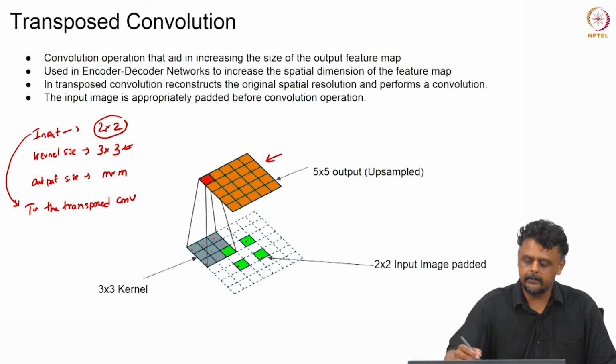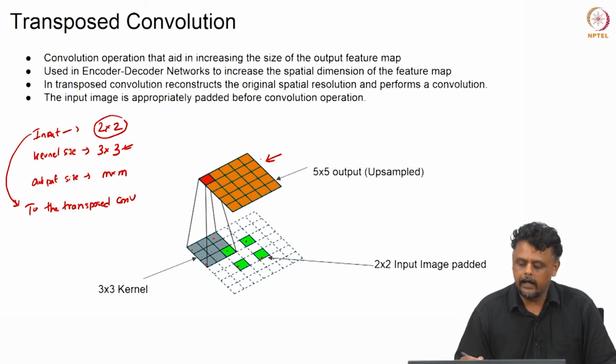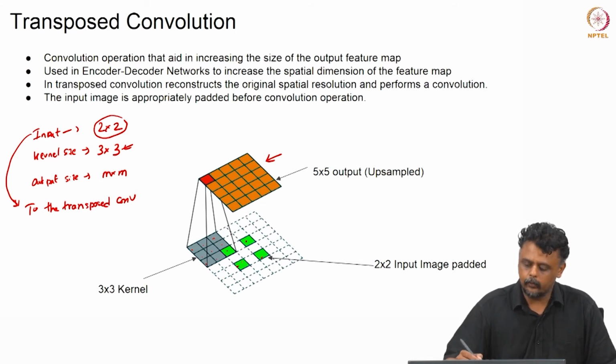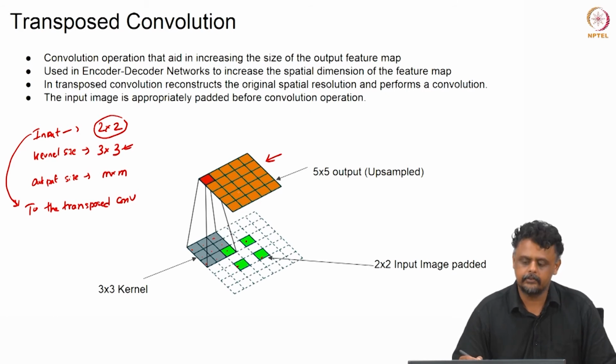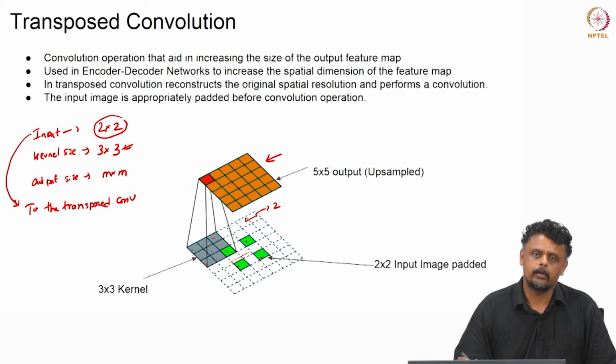It turns out that in order to regain this 5 cross 5 size, we have to have zero padding of 2 on the outside, and we also need to have 0 columns and 0 rows inserted into the input feature map of size 2 cross 2, and then proceed with the convolutions as before.